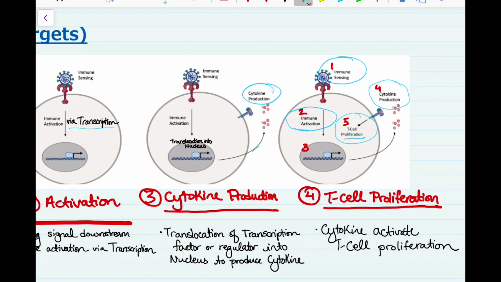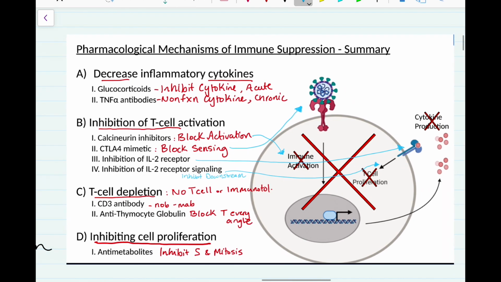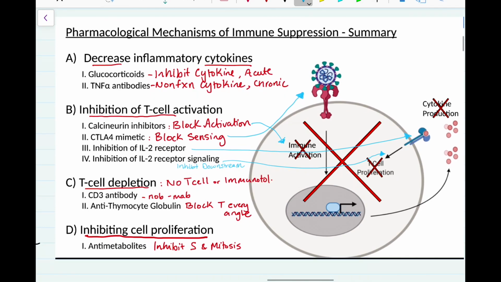Just as an overview first, and then we'll jump into the detail, here we have a list of drugs that we will talk about, along with the mechanism of action. The first one is the decrease of inflammatory cytokines. As we mentioned, after the nucleus will cause the cytokine production, so we can inhibit the steps right here by using glucocorticoids and TNF alpha antibodies.